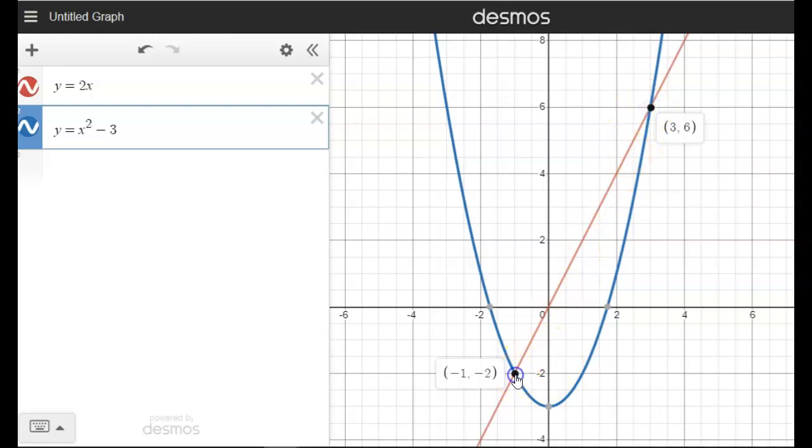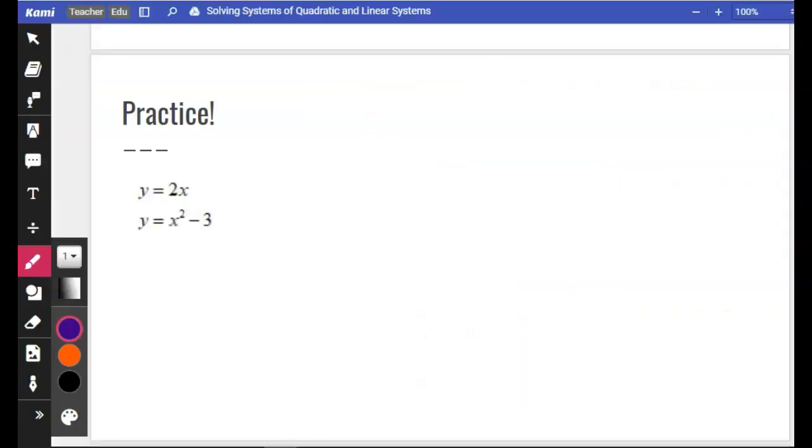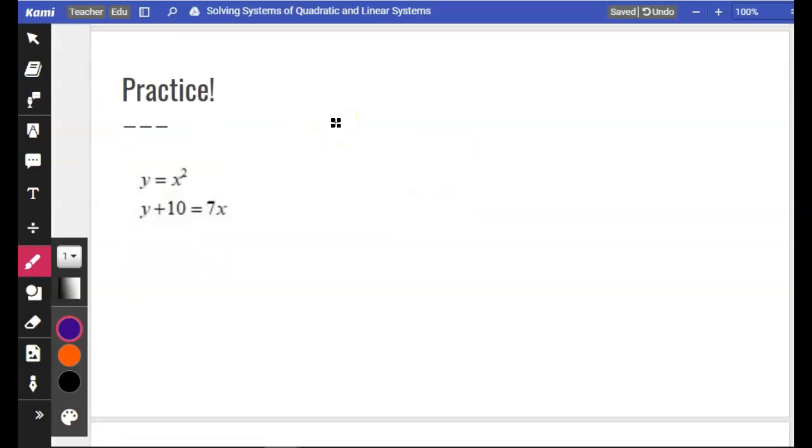So I click, and I see my solutions to this system are the ordered pairs (3, 6) and (-1, -2). So (3, 6), (-1, -2), and that's it. That's as difficult as these types of problems get. If you can type the equations into Desmos correctly, you should be able to find the point or points of intersection.